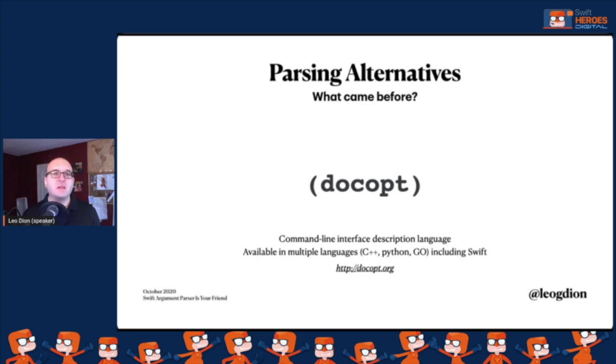DocOpt is a command line interface description language. It's available in multiple languages, so it's available in C++, Python, Go, and Swift. Unfortunately, it really isn't actively developed right now, but it's nice that there's something out there that is useful in all sorts of languages. But from what I've seen, the Swift component just isn't actively developed right now.